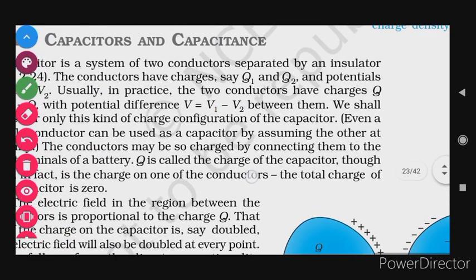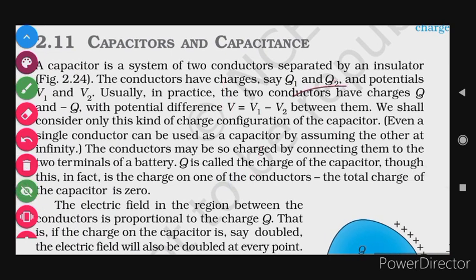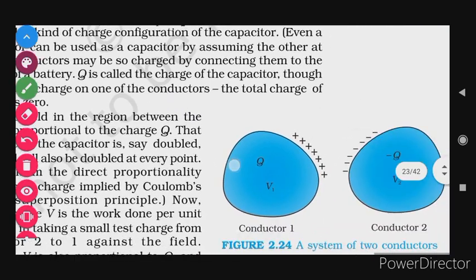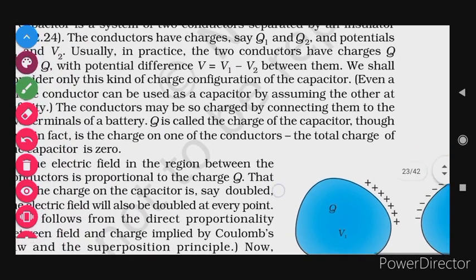Now the conductors have charges, say q1 and q2, and potentials v1 and v2. You can see this in the figure: this one has charge plus q and the second conductor has charge minus q, and they have different potentials v1 and v2.